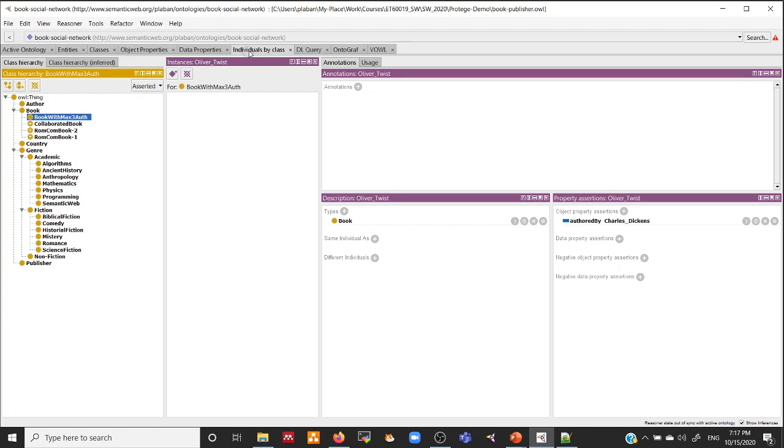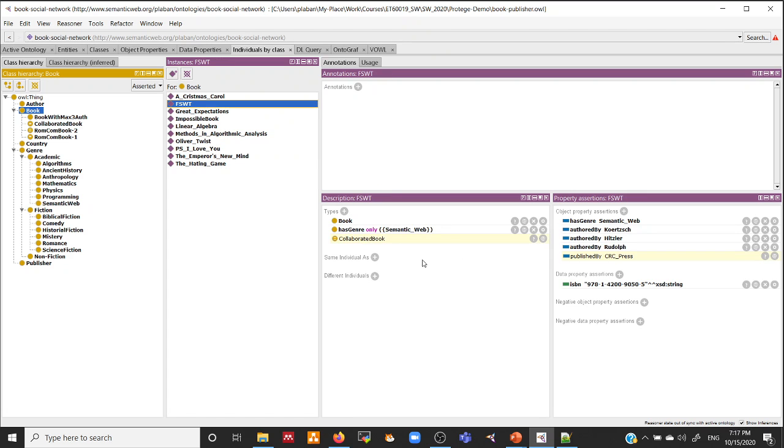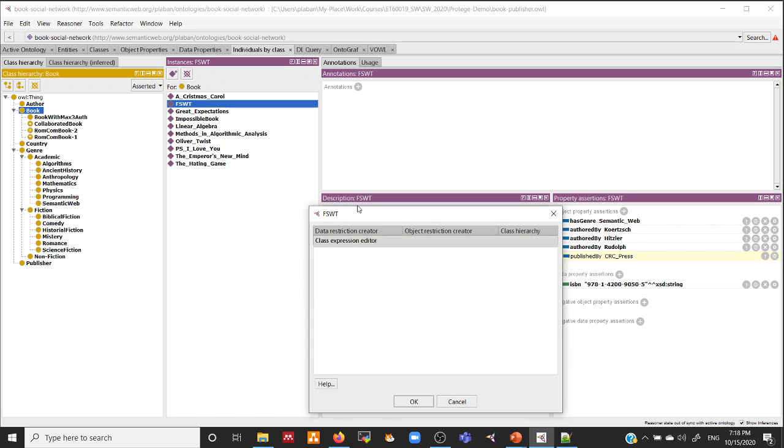So let us go to individuals. Now for the book FSWT, let us add another expression as type. So FSWT belongs to an anonymous class expression: authored by only.